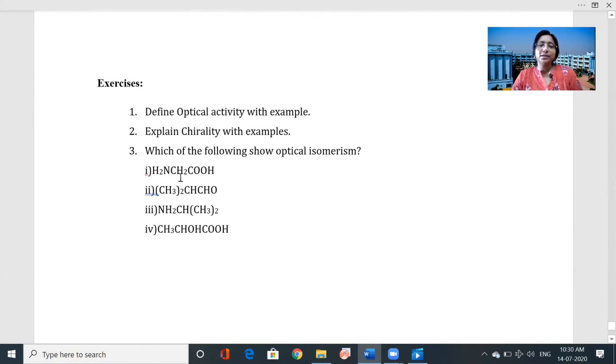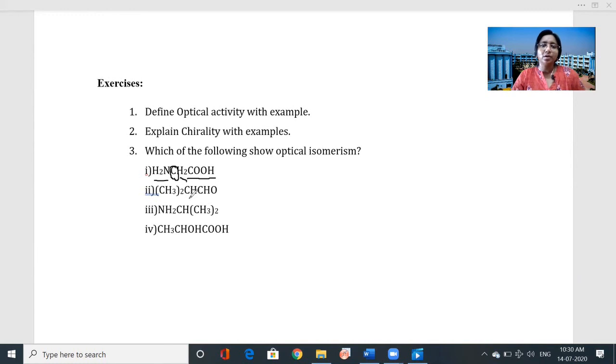Look here, the first one, consider this carbon. Then look at which groups are attached. 2 hydrogens, 1 COH group, 1 NH2 amine group. With 2 hydrogens, the 4 groups are not all different, so it is not chiral and will not show any optical isomerism.